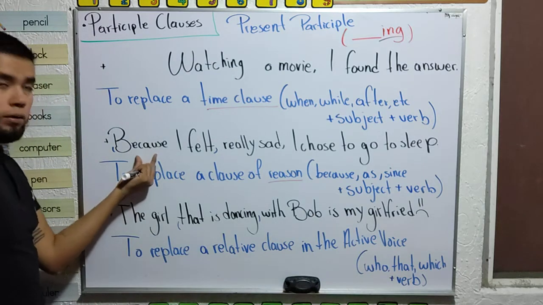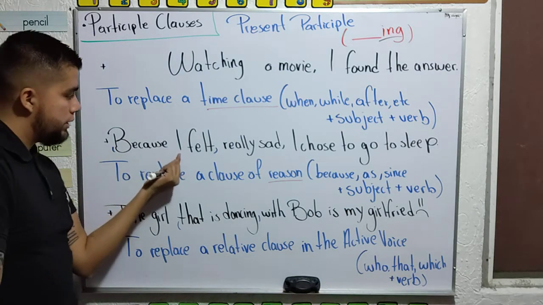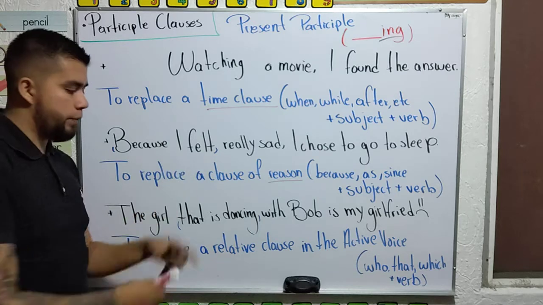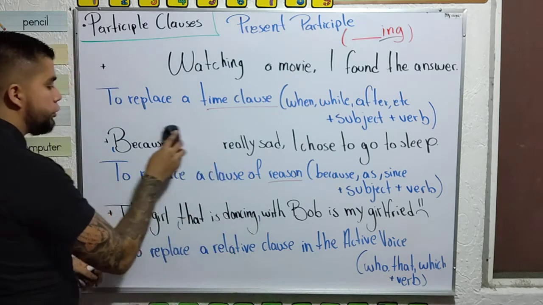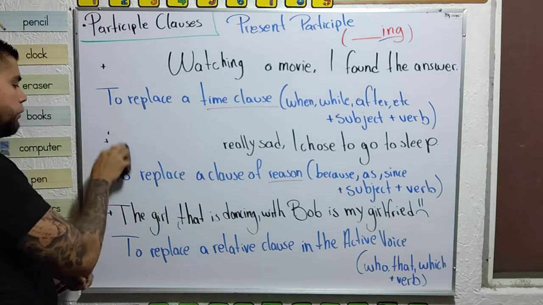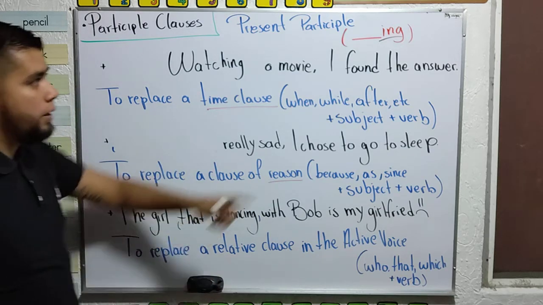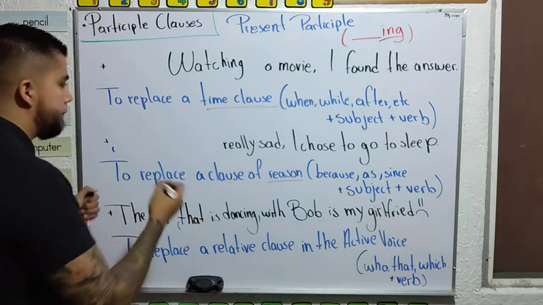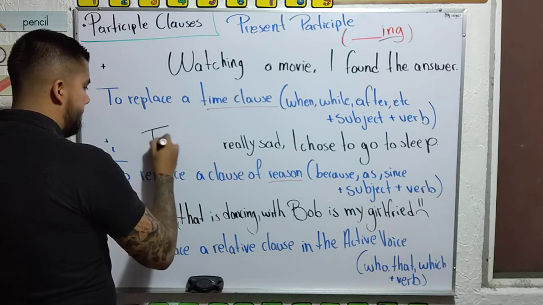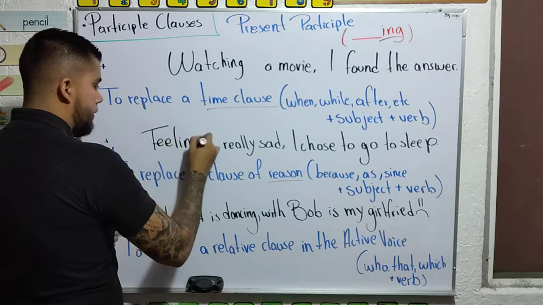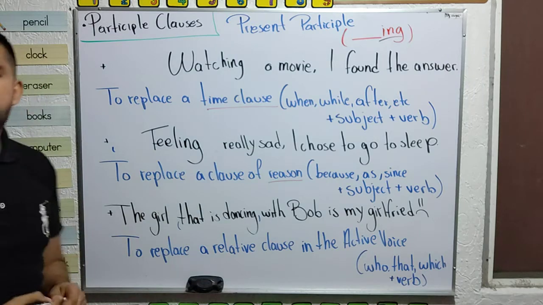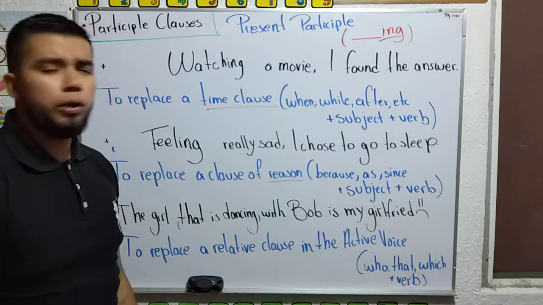So because, subject and verb. And we're going to use the main verb. What was the main verb of the action? Feel, with ing. Feeling really sad, I chose to go to sleep.